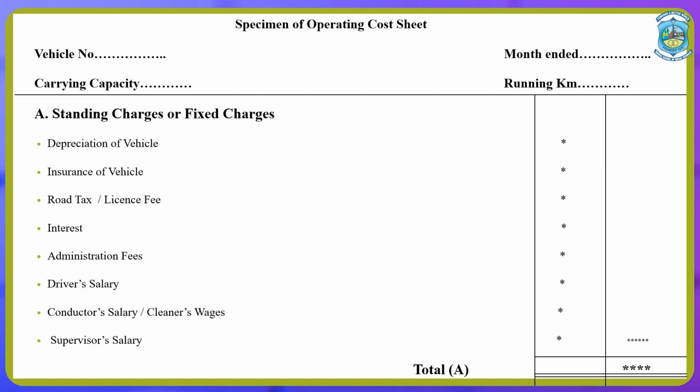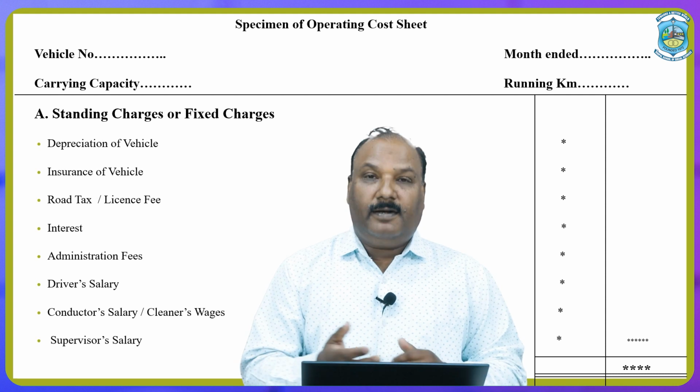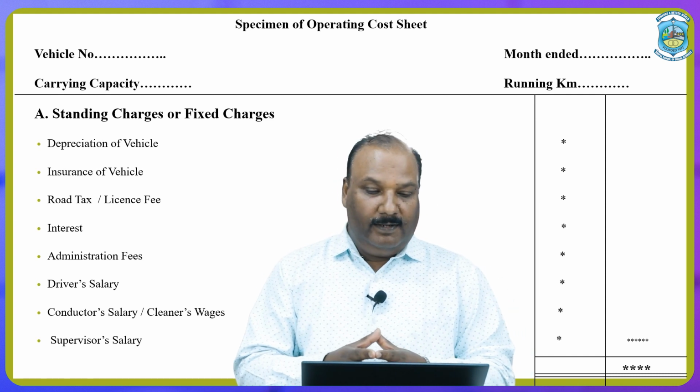Before solving the practical portion, I would like to discuss the format, which I have already discussed in the theoretical part, but before solving we must know the process. In the specimen of the operating cost sheet, on the right-hand side the vehicle number, the month ended, carrying capacity and running kilometers will be filled in.